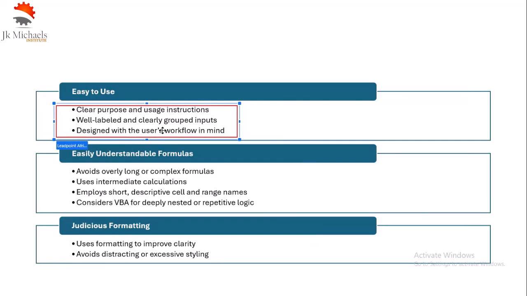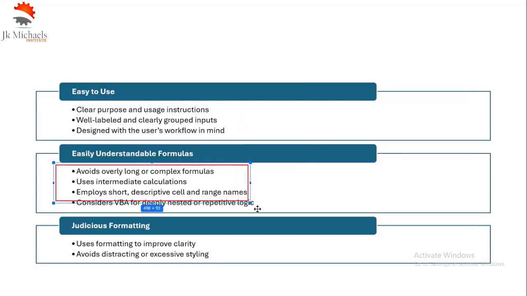So you should design a model with the user in mind, and then easy to understand formula, right? I always say that in financial modeling, just like in programming, don't use 2 lines where 1 line will suffice.